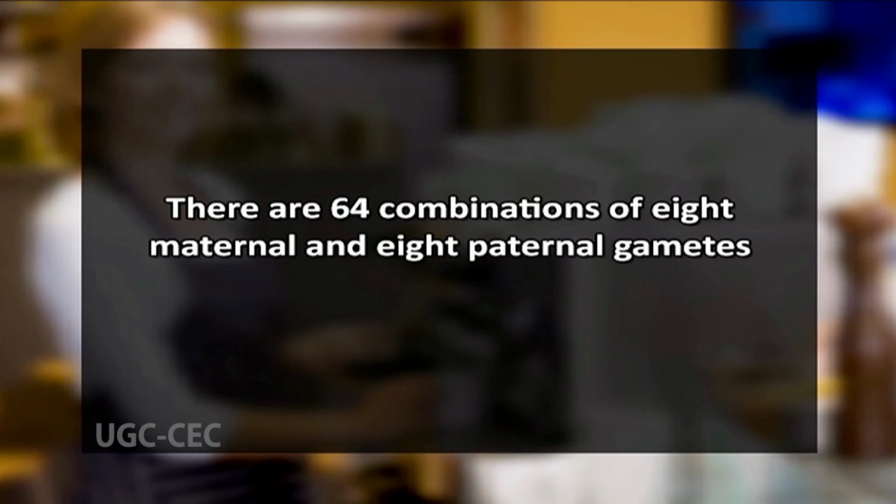Here, the proportions of F2 genotypes and phenotypes are predicted with precisely the same logic used before, by considering each trait independently. The independently assorting pairs of traits in the cross are smooth and wrinkled seeds, yellow and green seeds, and purple and white flowers. There are 64 combinations of 8 maternal and 8 paternal gametes.